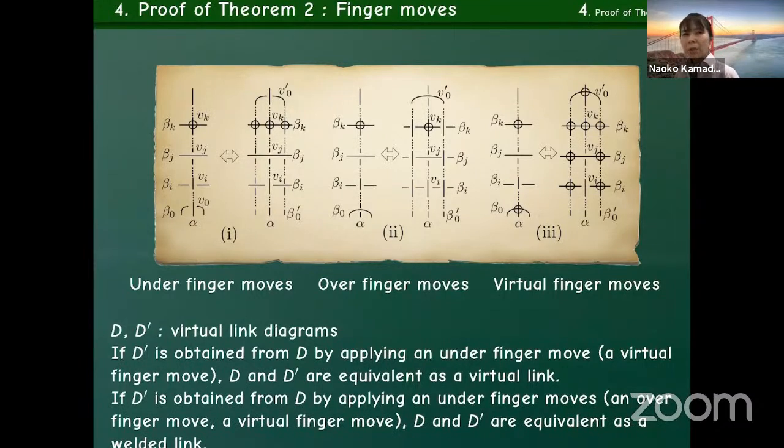And if D prime is obtained from D by applying an under finger move, an over finger move or a virtual finger move, then D and D prime are equivalent as a welded link.